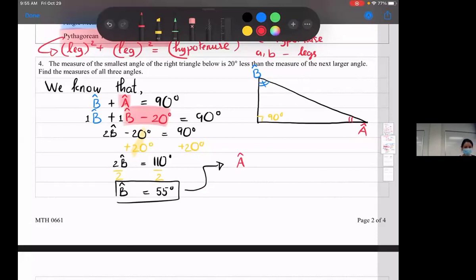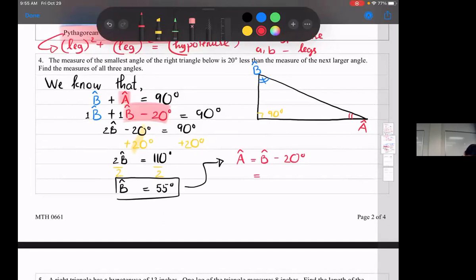Good. Remember what is the one I highlight in red there? A is being substituted with B minus 20. Well, we know B is 55 minus 20 degrees, which is 35 degrees.